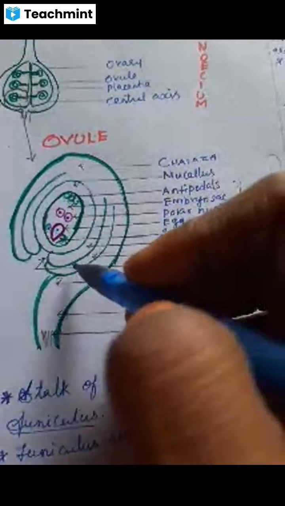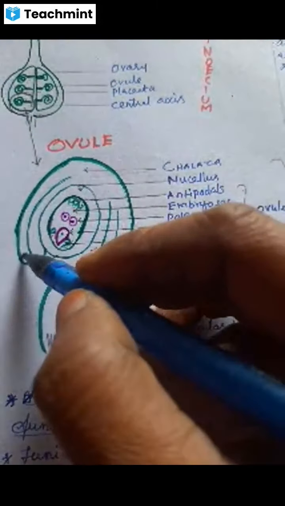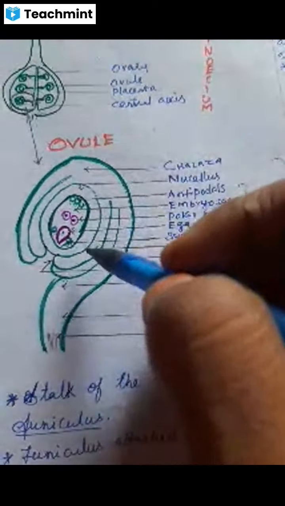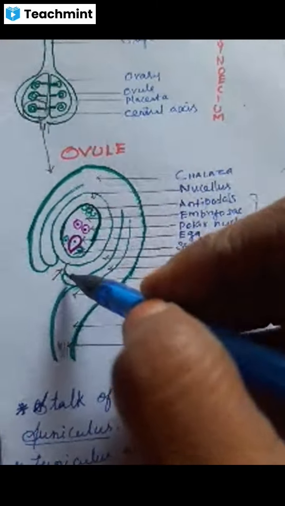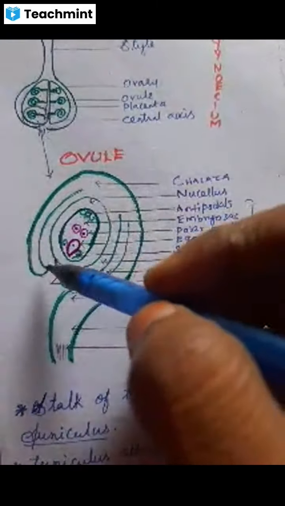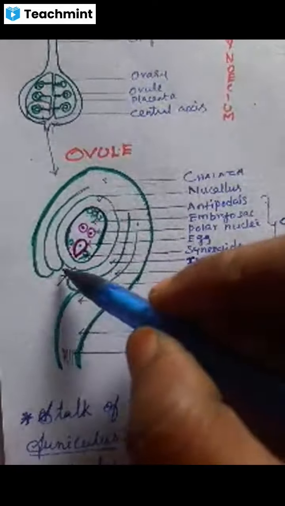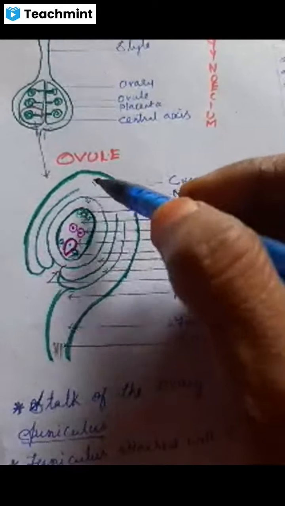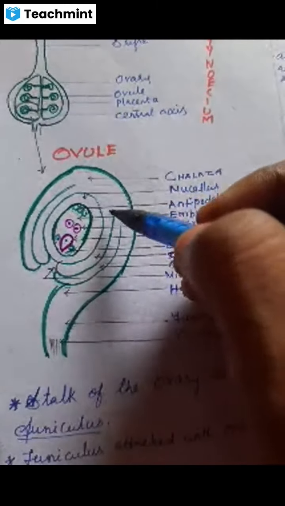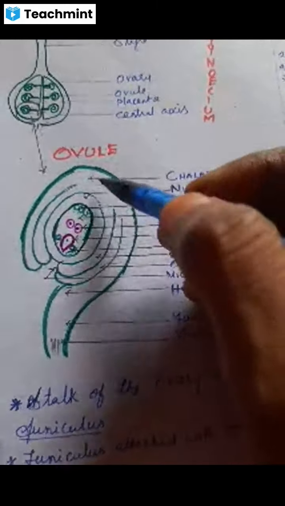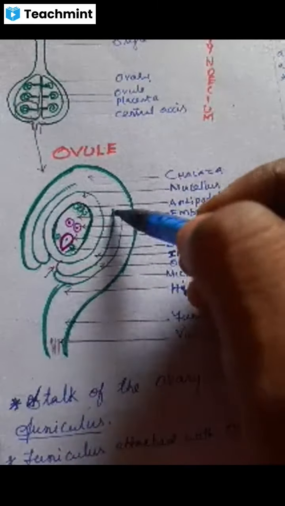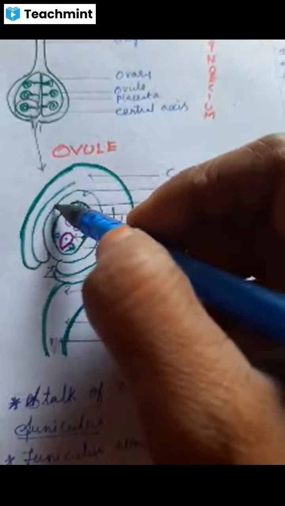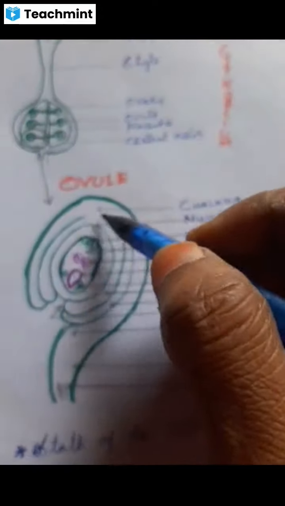The ovule is covered by two wall layers, 1 and 2. They start from one side and end at the other side. On one side they leave a space, and opposite to that side is the basal side of the ovule. Here the two wall layers, inner and outer, merge; they do not go completely around.